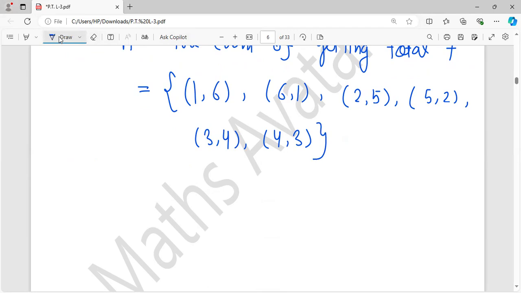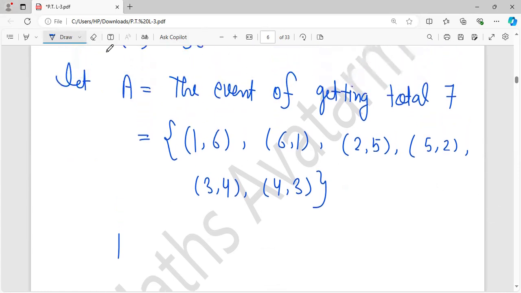So what is the probability of A? What is the number of elements in A? The number of elements in A is 6.